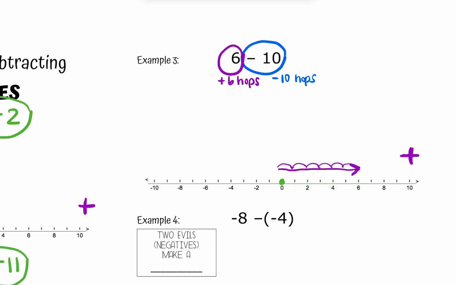And then from there, I'm going to tiptoe up a little bit and do my other number, which is -10 hops. So we're going to go in the opposite direction over here to the negative side, 10 hops. So I have 1, 2, 3, 4, 5, 6, 7, 8, 9, and 10. Again, if you wanted the hops, we've got 1 through 10.